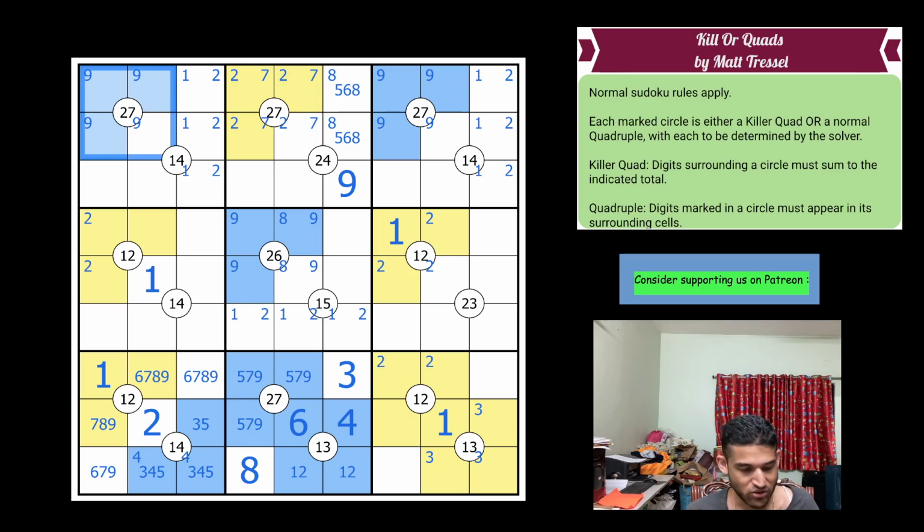So let's write all those digits in. Sorry, it is 5, 6, 7, 9 or 4, 6, 8, 9. So basically 4, 5, 6, 7, 8, 9. 1, 2 and 3 cannot be there.